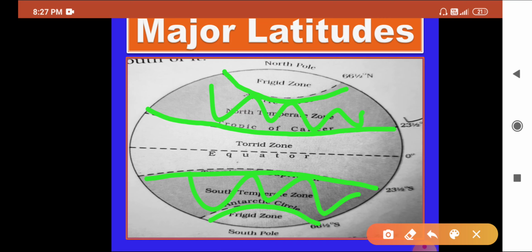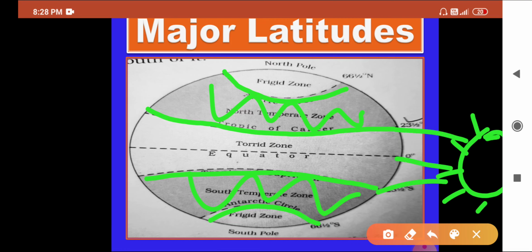The angle of the sun rays goes on decreasing towards the pole. If we believe that the sun is here, the direct rays of the sun come in this zone only, whereas the rays go in a tilted position, so less amount of rays are going in this zone.